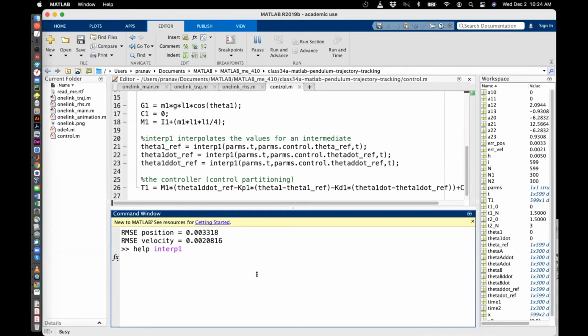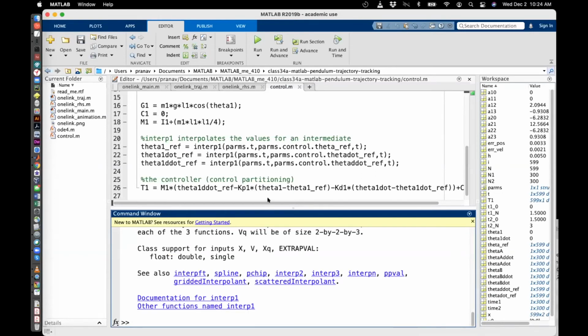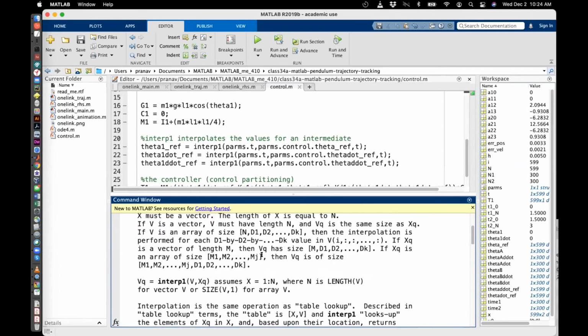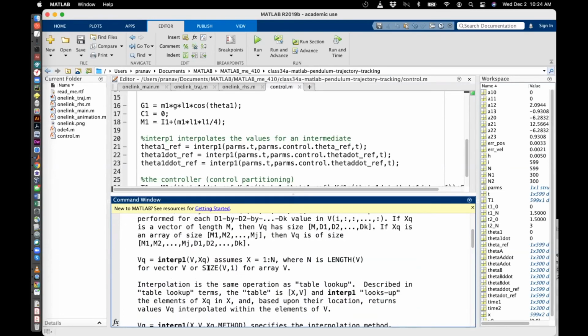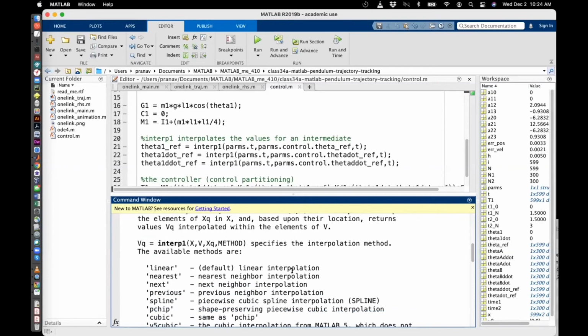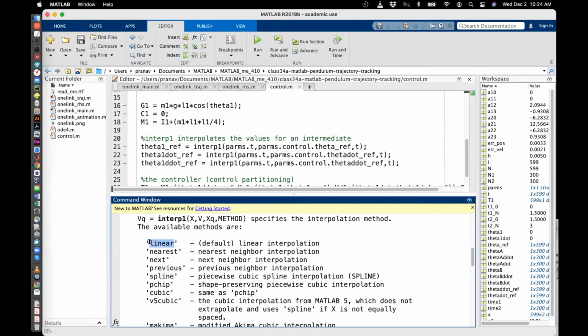So if you do help interp1, it throws up how it's used, and it also tells you how you can do the interpolation. You can use linear, which is the default, and this is what is done here. But you could do what is known as nearest neighbor interpolation. You could do spline, you can do cubic, and so on.